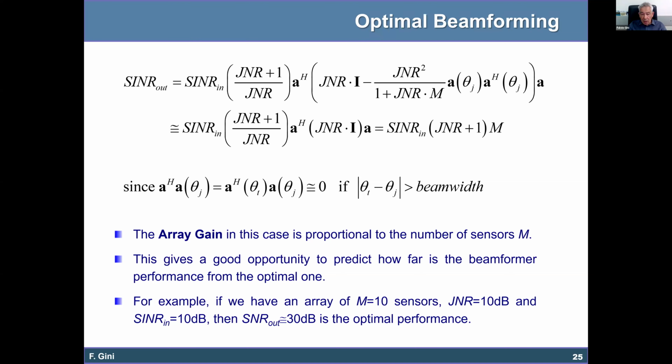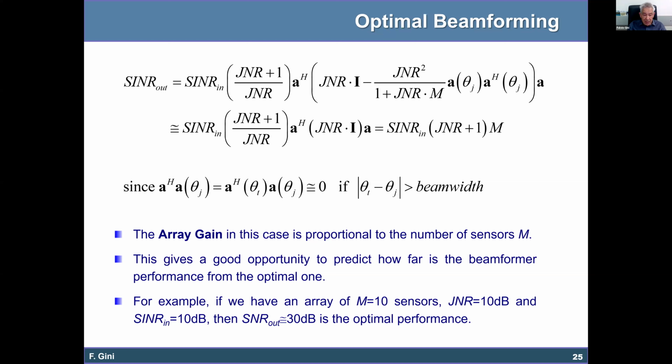Now, we can assume that if the steered direction theta t, which is also the direction of arrival of the source, and the jammer differ by more than the beam width, basically this inner product is zero. It's like you multiply two sinc functions that are shifted enough.